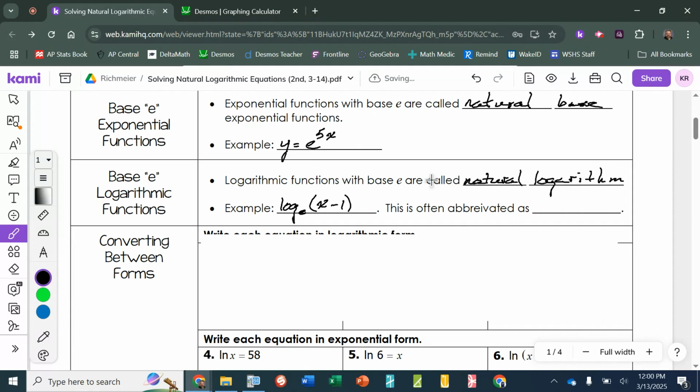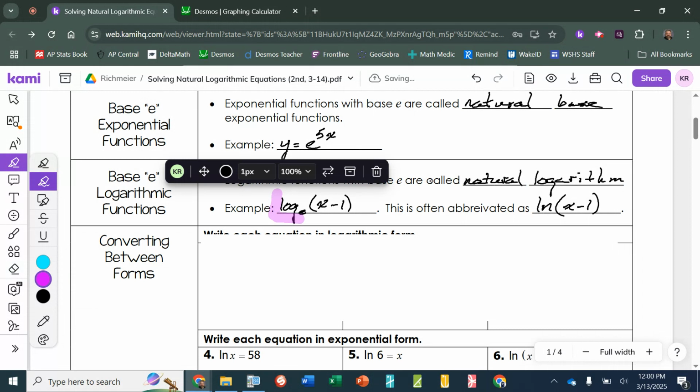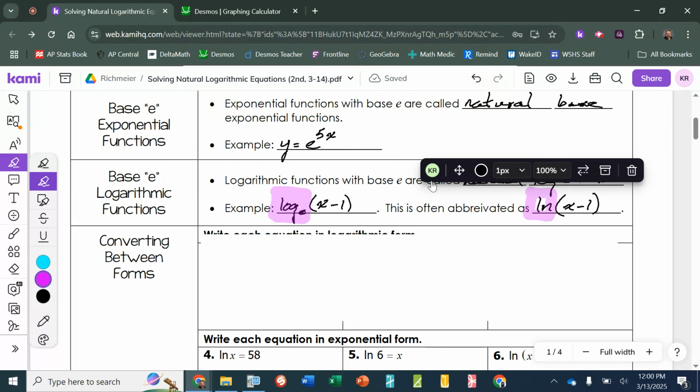Usually it's abbreviated as ln for natural logarithm, and then in parentheses I put x minus 1. In other words, we're just replacing log base e with a simpler notation, ln, for natural logarithm.